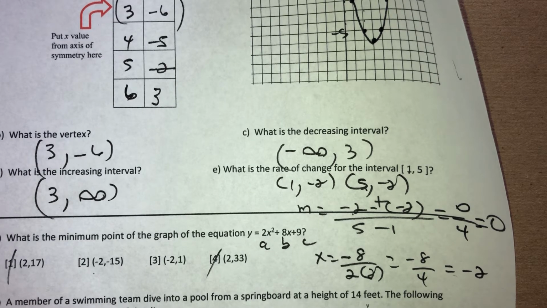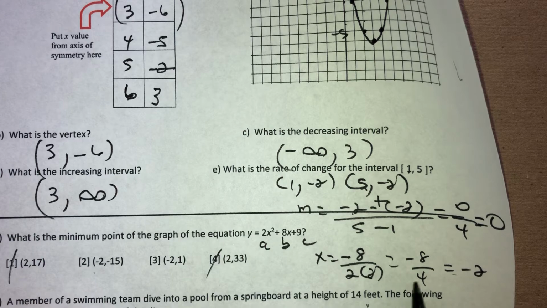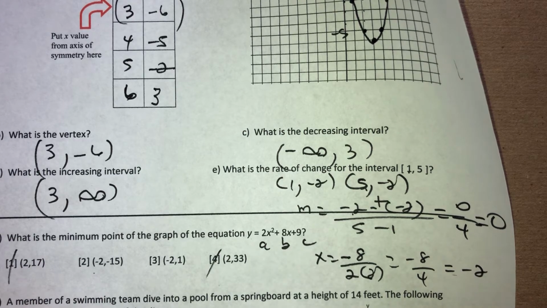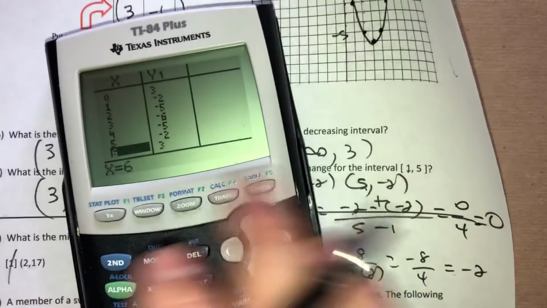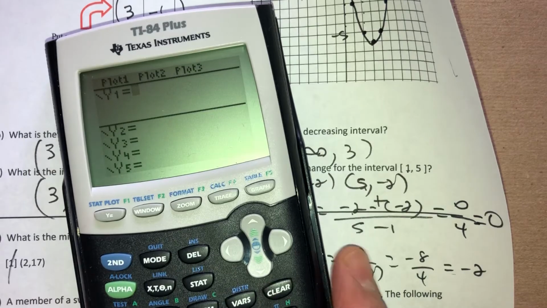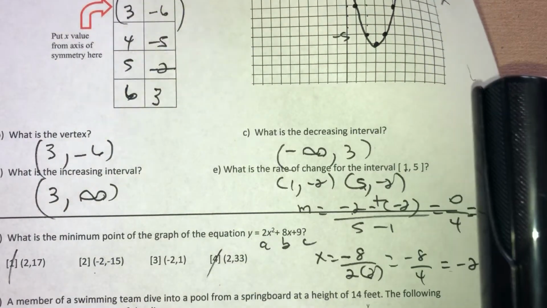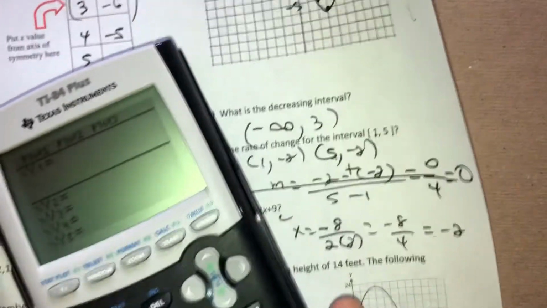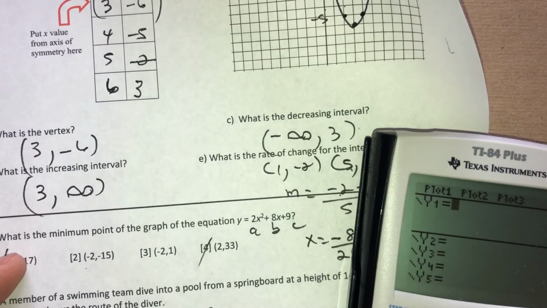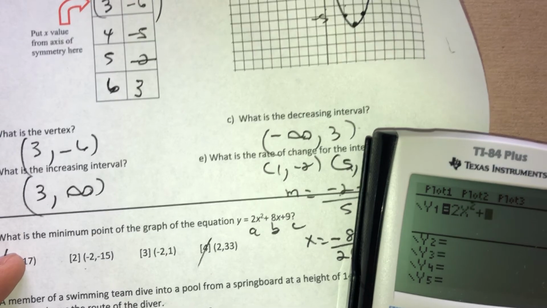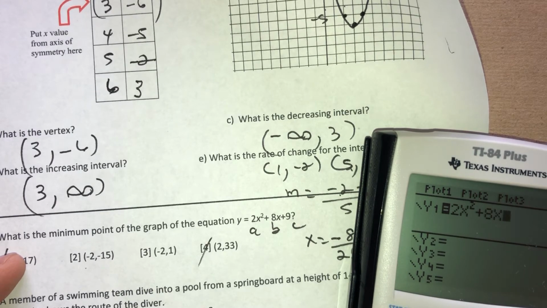If you put that on the calculator, you can just substitute it into the equation. But the best thing to do is just put the equation on the calculator and find the value of y when x is negative 2. So I will write 2x squared plus 8x plus 9. I'm doing it on the side, guys.